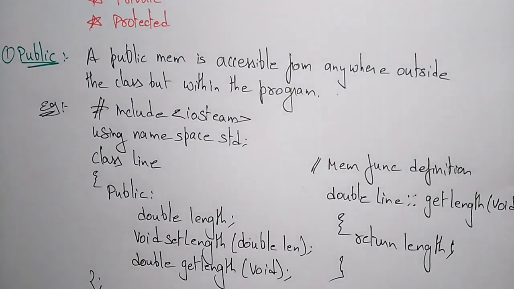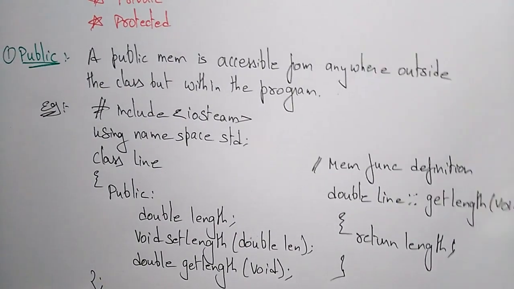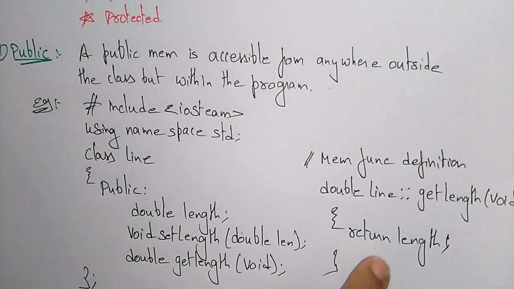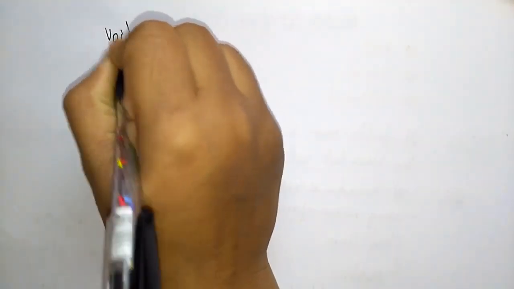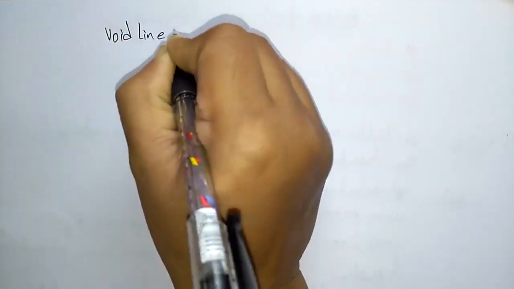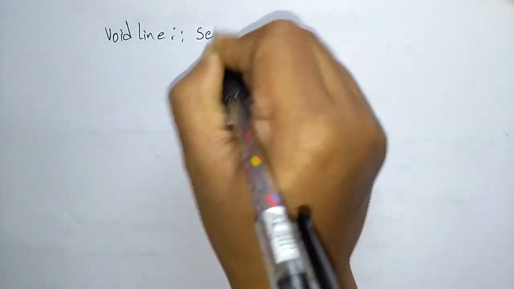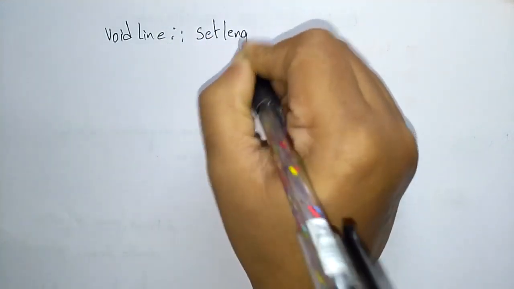Now coming to another member function. I call getLength with the help of this class. Coming to the next, void Line::setLength, where Line is the class and setLength is another member function.